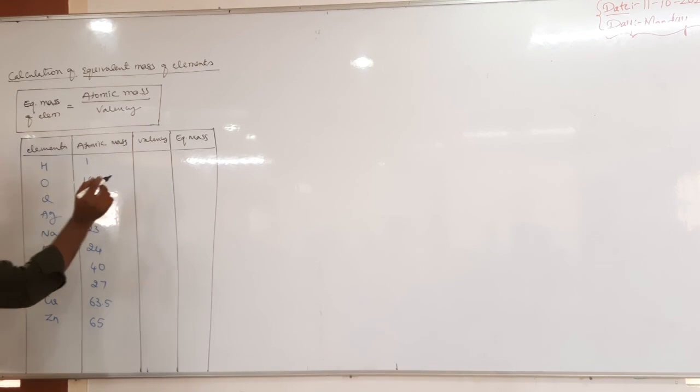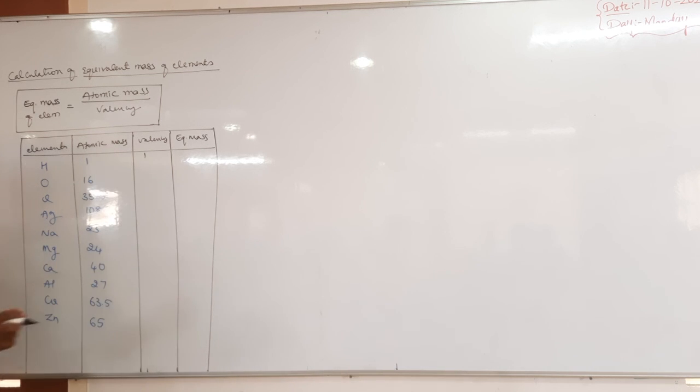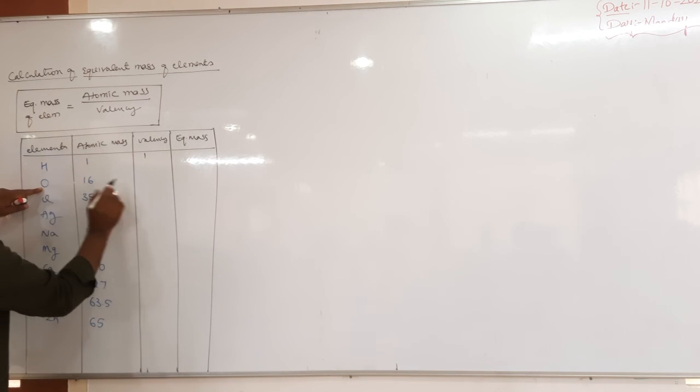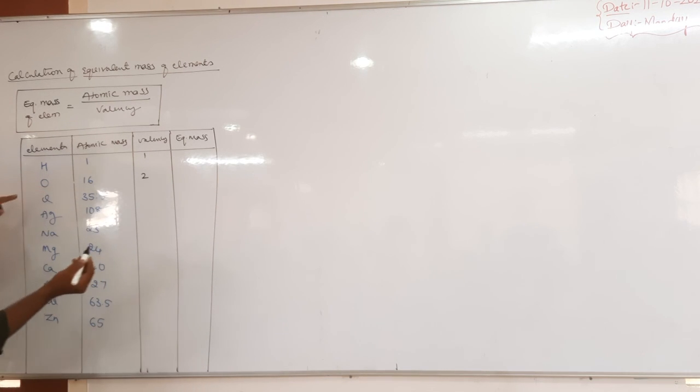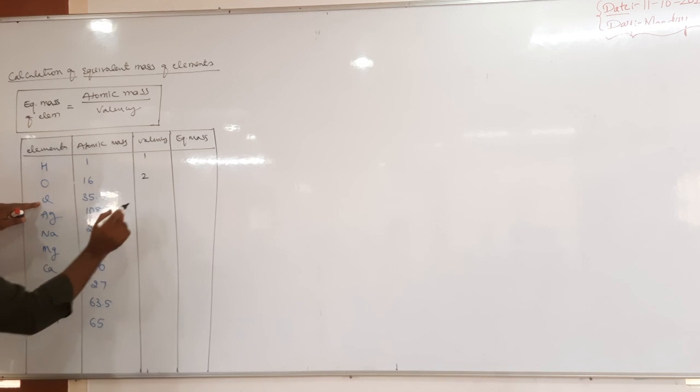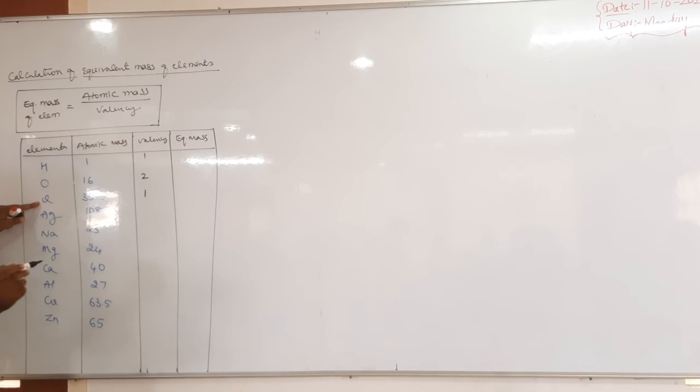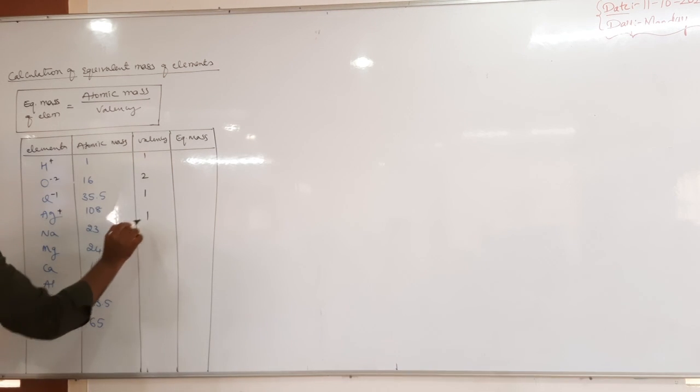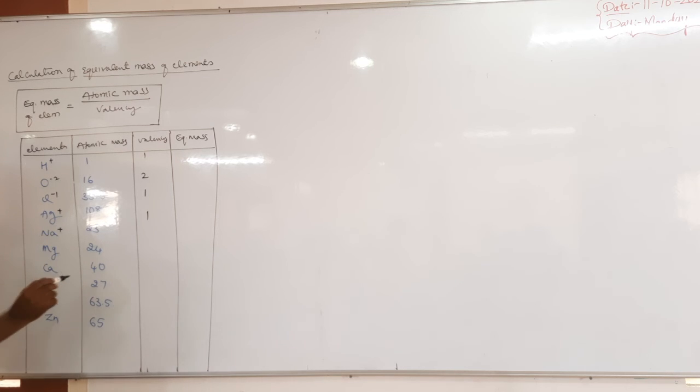So what is the valency of hydrogen? 1. H plus, not H minus. What is the valency of oxygen? 2, O minus 2. Valency of chlorine? 1, minus 1. Silver is plus 1. Sodium is plus 1.